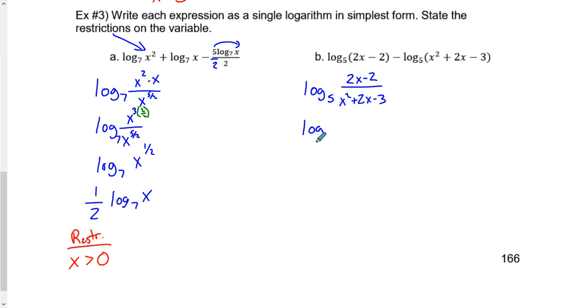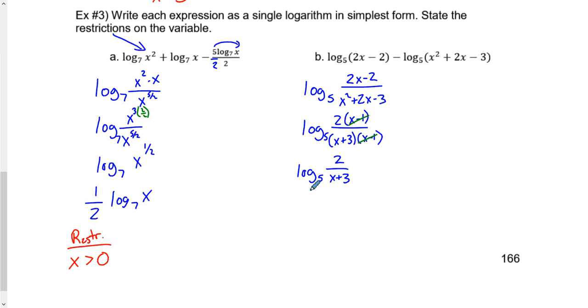Let's go back to our rational unit. Numerator, we can factor out a 2. X minus 1 left. In our denominator, we have it as a simple trinomial. So product of -3, sum of positive 2 will be x plus 3, x minus 1. Simplify. Those cancel off. Oh, forgot the 5 again. Log base 5 of 2 over x plus 3.